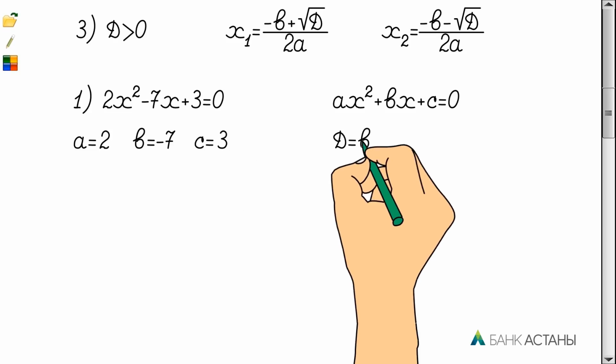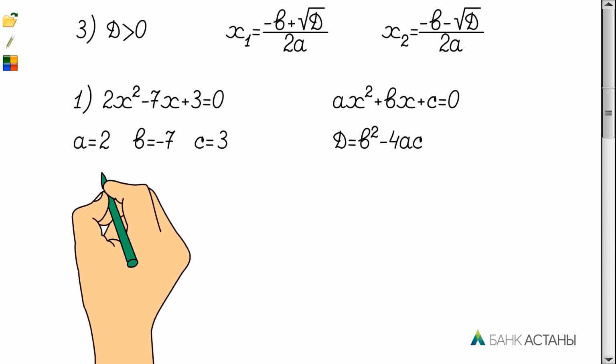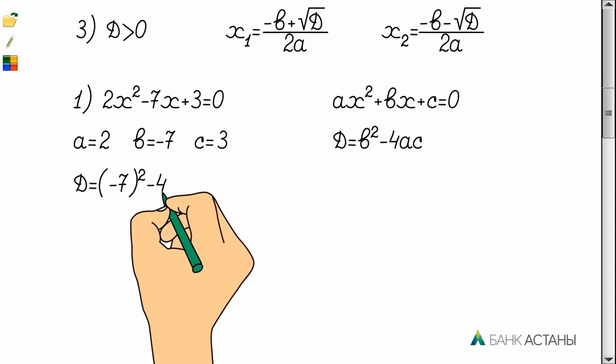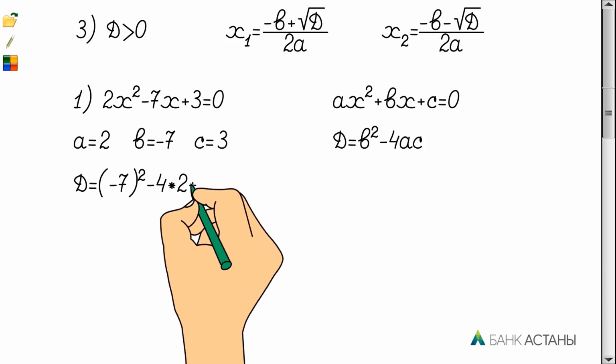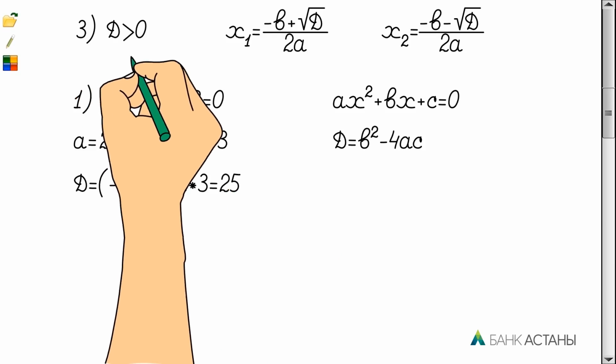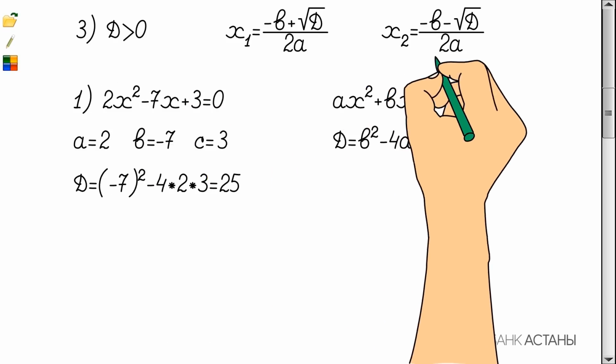Discriminant is equal to b squared minus 4ac, or discriminant is equal to minus 7 squared minus 4 multiplied by 2 multiplied by 3, which is equal to 25. Since discriminant is bigger than 0, the quadratic equation has two roots.